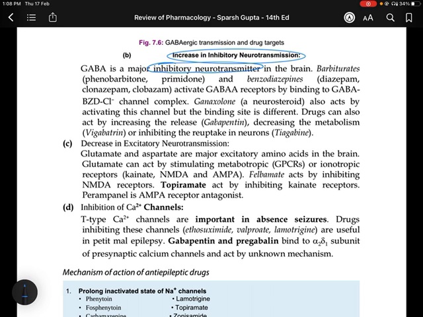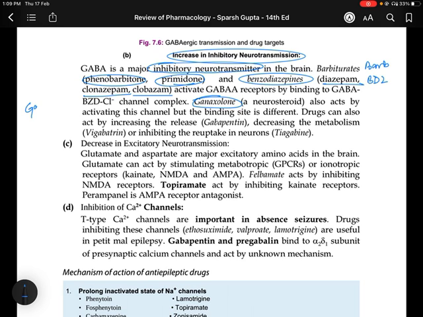So barbiturates like phenobarbital, primidone, and benzodiazepines also, BDZ, diazepam, clonazepam, clobazam. They activate GABA receptors by binding to the benzodiazepine chloride channel complex.